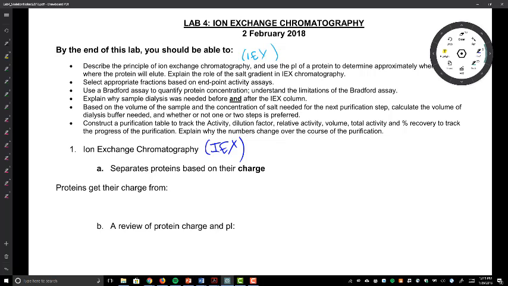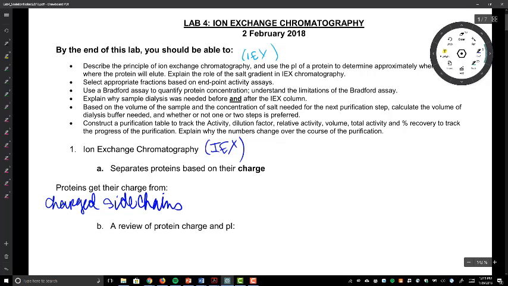All right, so some examples include charged side chains. You can think of side chains like histidine, arginine, lysine, glutamate, and aspartate. Those are some examples of charged side chains.